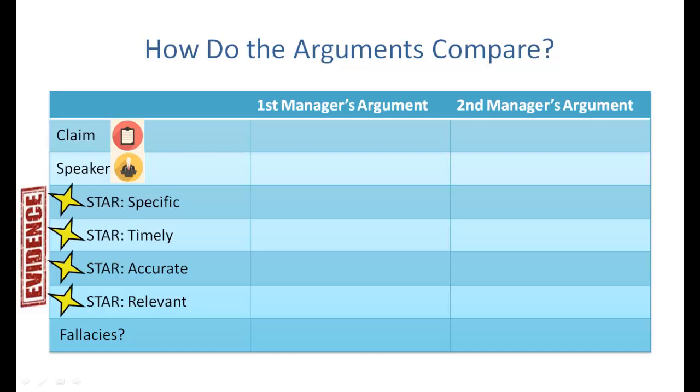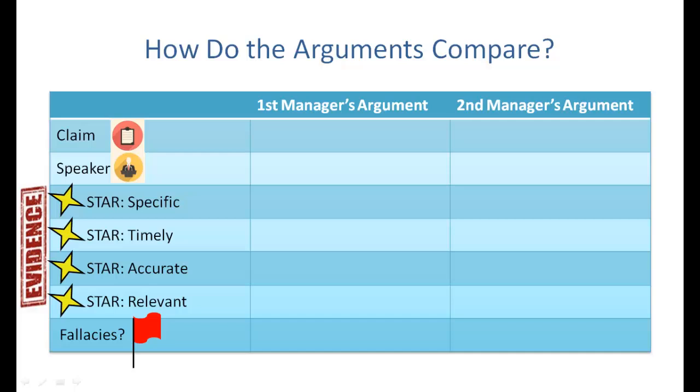The third thing I do, after evaluating the claim and speaker, is use the STAR support strategy to evaluate the evidence. After using the STAR support strategy to analyze the evidence, I always check for fallacies. I check for fallacies last because usually in the process of evaluating the speaker and evidence, fallacies become evident.